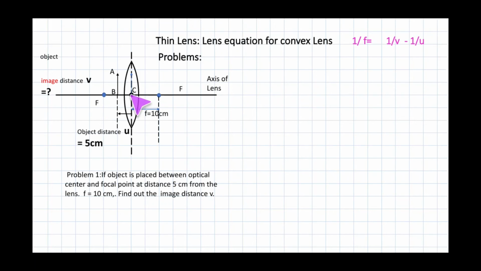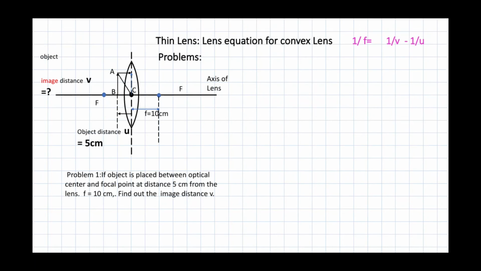The image formed is on the left hand side, and so it is called a virtual image also. How does it happen? Concentrate carefully. When light falls on this, it will reflect the rays. This ray is going parallel to the optical axis and another one is going through the center.